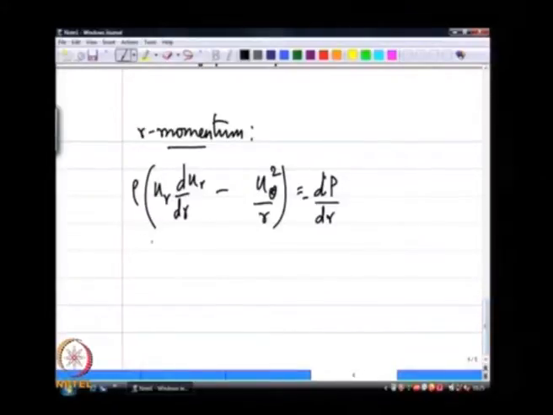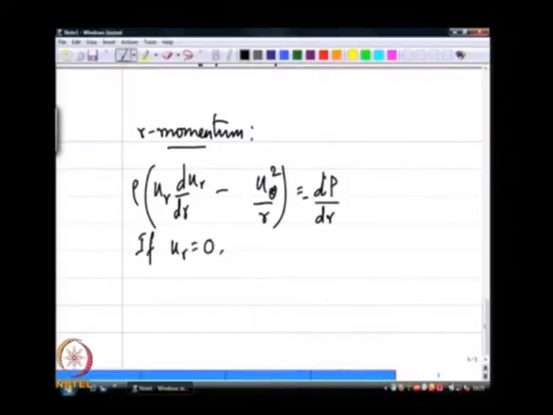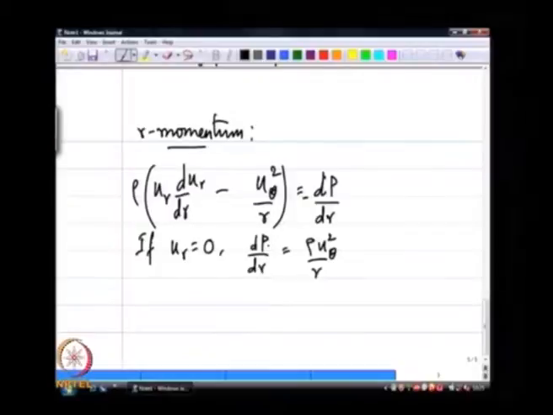So, if u r is equal to 0, this further simplifies to dP dr is equal to rho u theta squared over r.